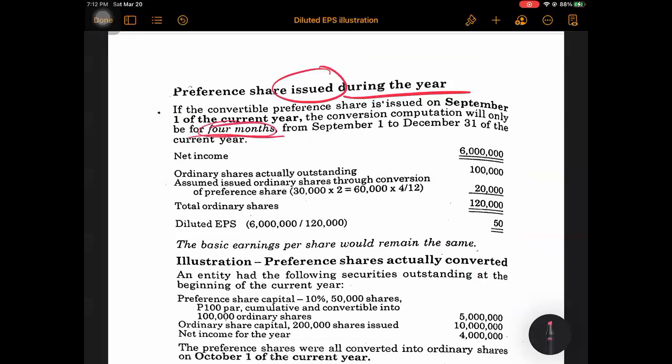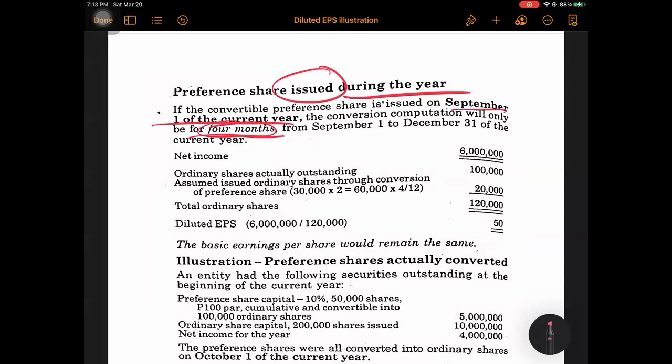Same with the bonds, we look at the issuance date. Also with the convertible preference share, we need to look at when it was issued. Let's say in the example, it was issued on September 1 of the current year. The conversion computation will only be 4 months, from September 1 to December 31 of the current year.